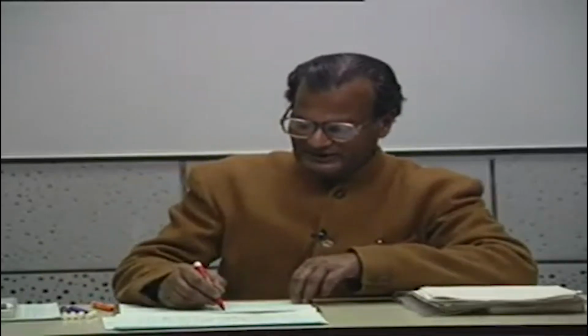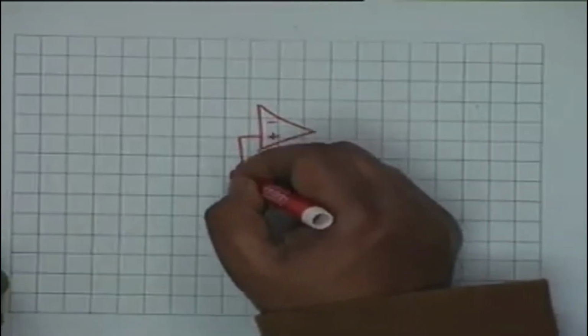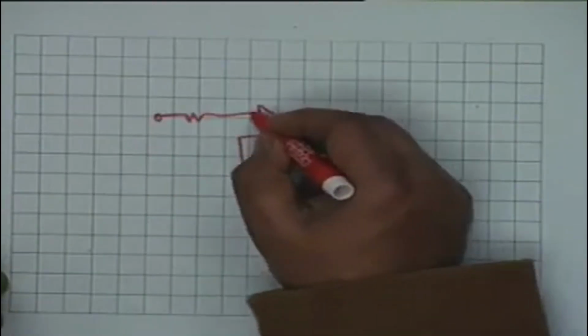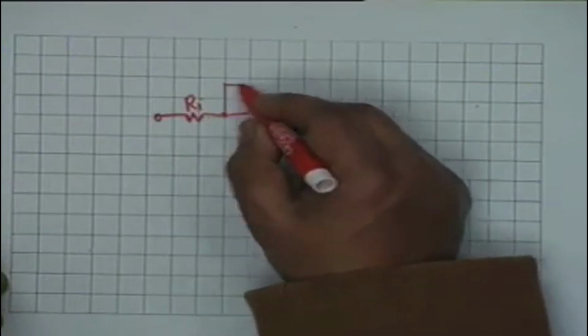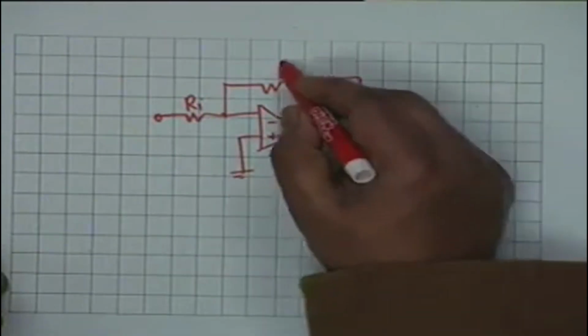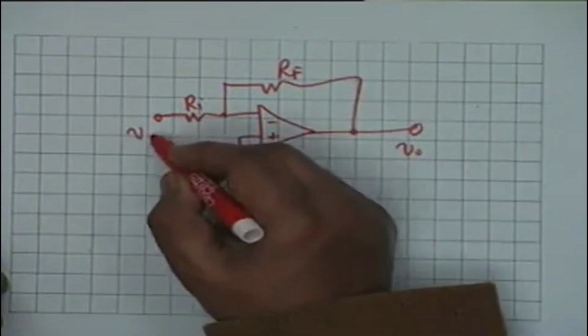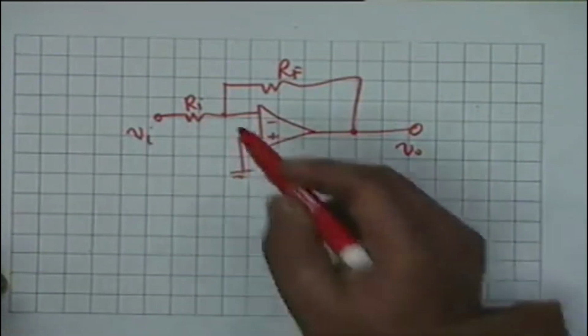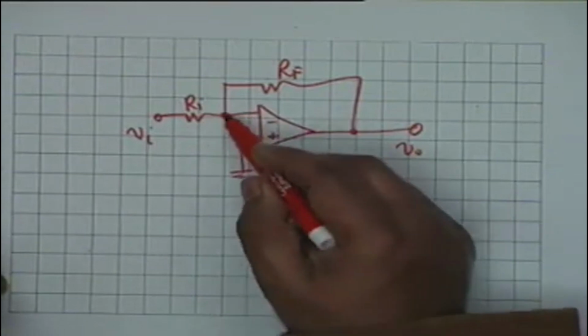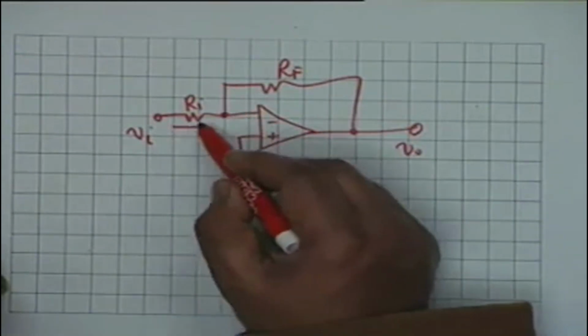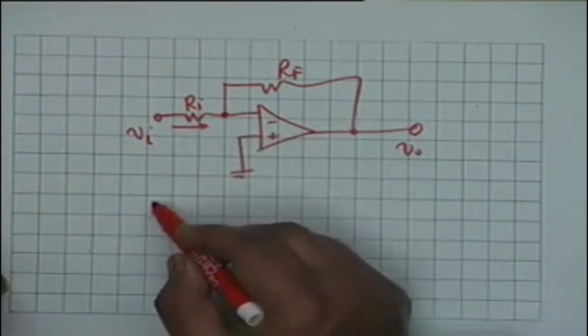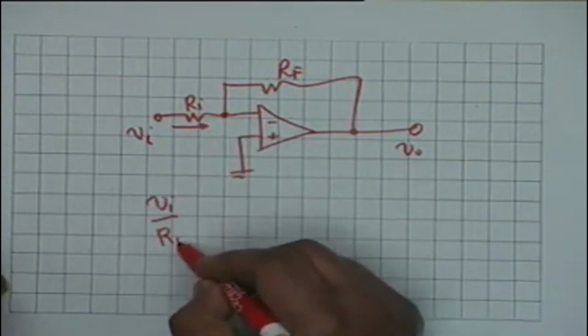For example, in this circuit, if I draw it again, this is ground, Ri and Rf, this is Vi. You see, if this is virtual ground, then what is the current here? Vi by Ri. Okay.